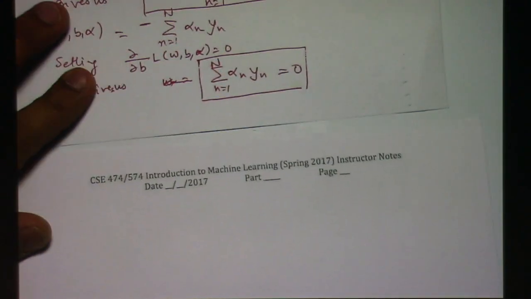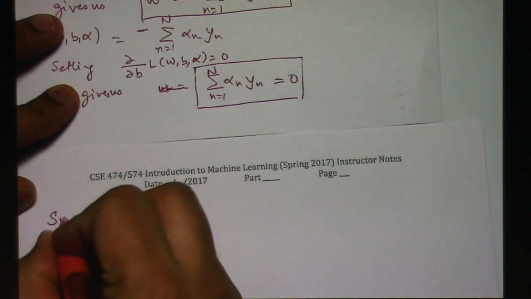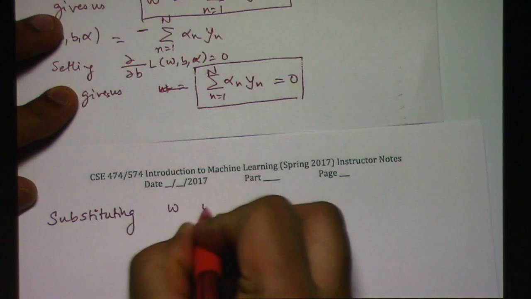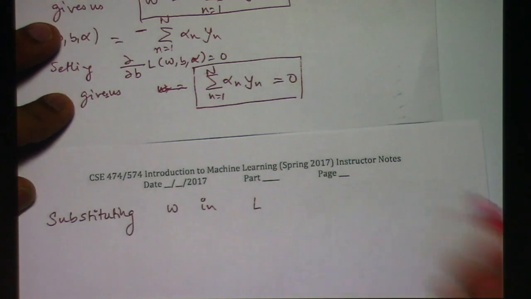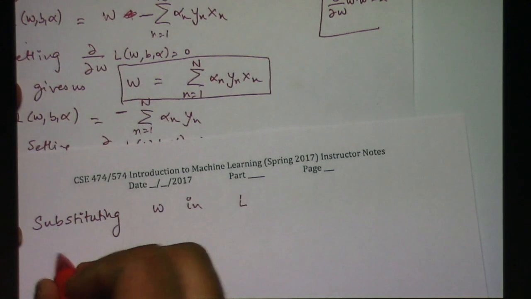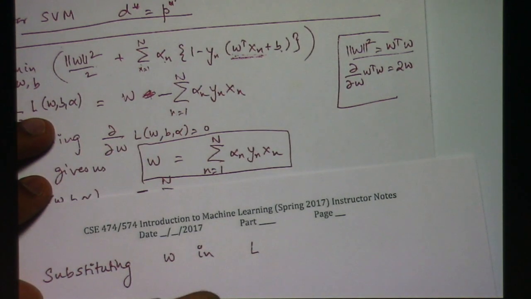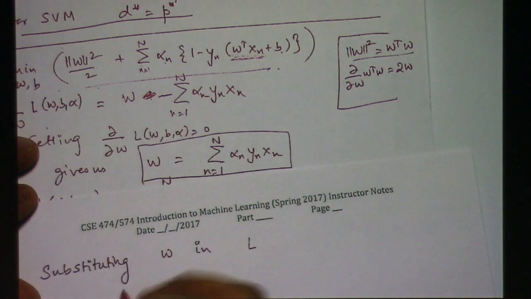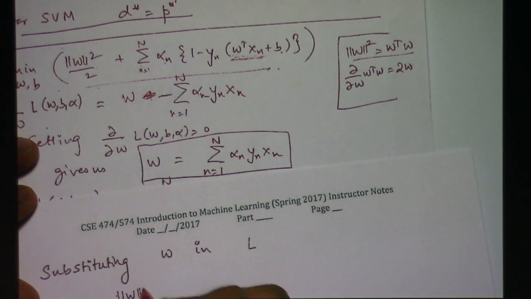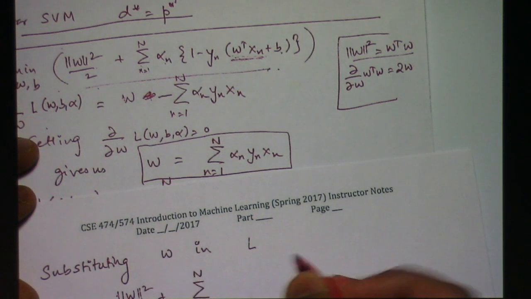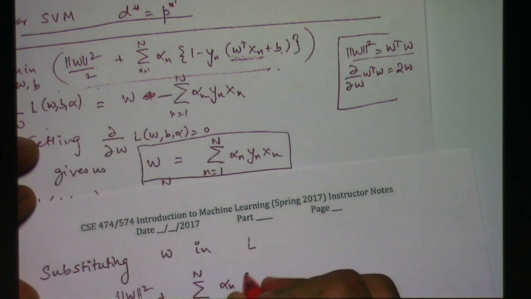So what we do is substitute W in L. Now what we need to do is maximize. So let's first substitute it over here, and I'm going to do it one by one.